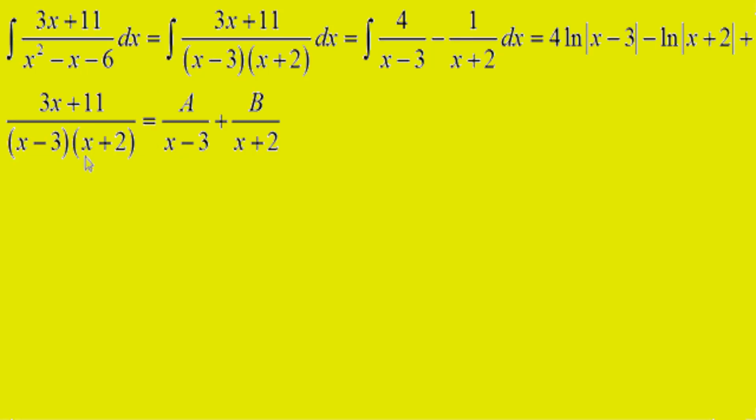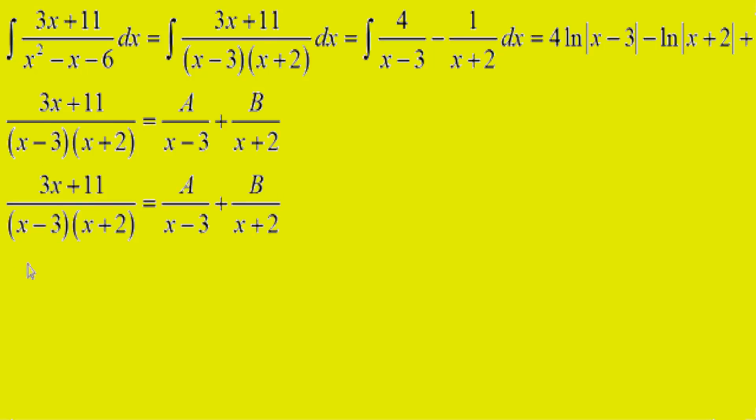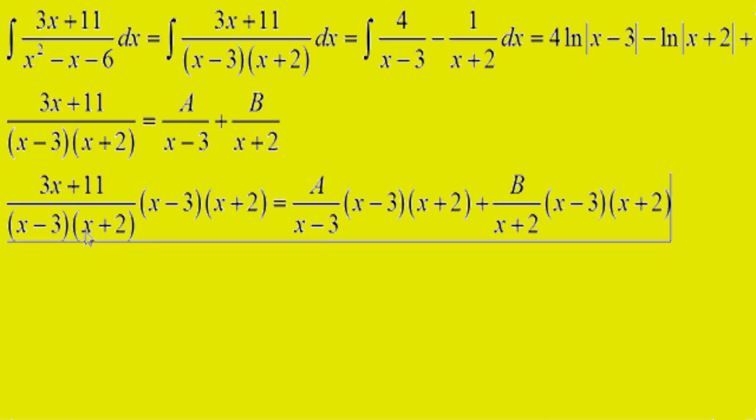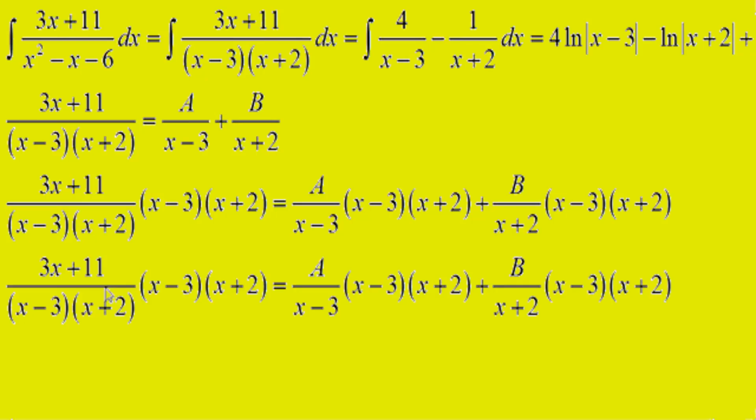Now, there are more rules to what you put up here, and we'll get to that in a second. But now, since these two are equal, we can multiply both sides by this denominator here. So we multiply both sides, and make a new line.